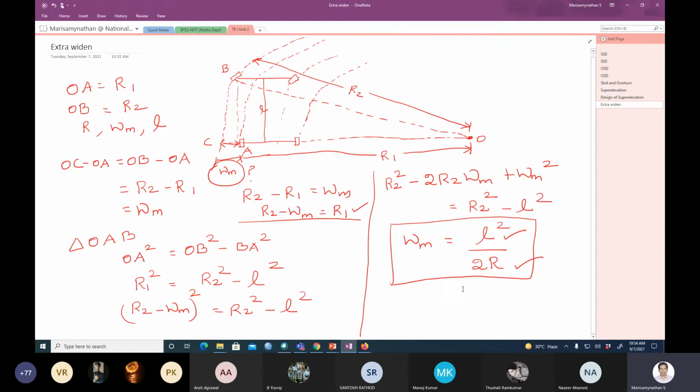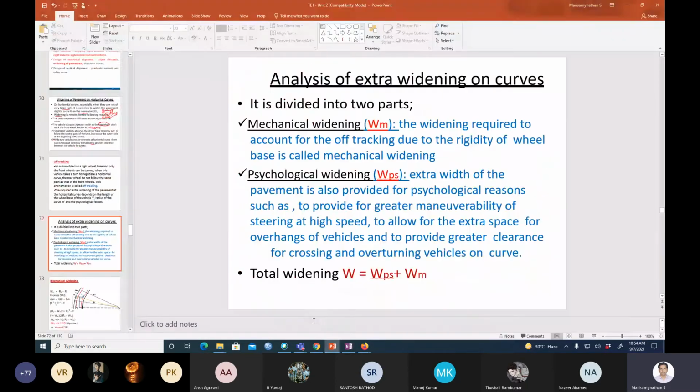In the off-tracking phenomenon, the rear wheel does not follow the path of the front wheel, so that off-track distance is considered as the extra widening portion. That extra widening we need to provide on the field to nullify that effect. For that, the simple derivation gives the final equation Wm equals L squared divided by 2R. This is considered as the mechanical widening.